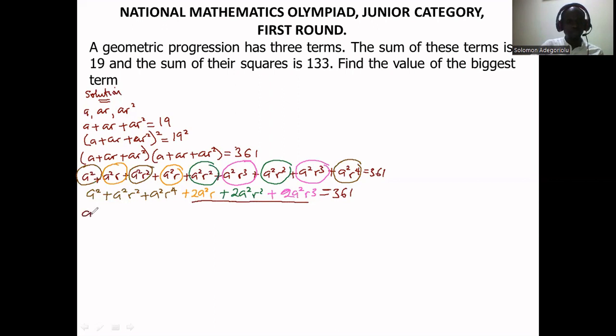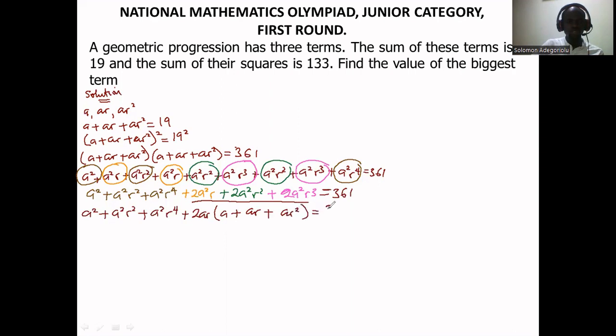All right. Now I can factorize what I have here. Factorizing that, I have A squared plus A squared R squared plus A squared R raised to power 4. And what is common here? That's going to be plus 2AR. Open a bracket. Here we're left with only A, plus here we're left with only AR, and plus the last one we're left with only AR squared.